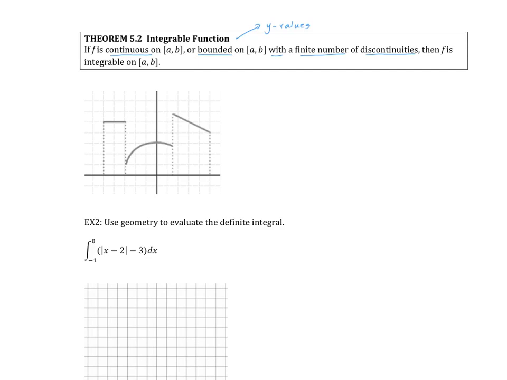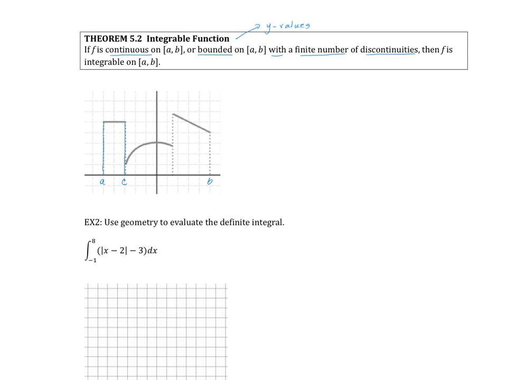In the below graph, let's start with an a and a b. Let's say that I want to integrate, so find the area between the curve and the x-axis. Well, this first piece, why don't I call this C?